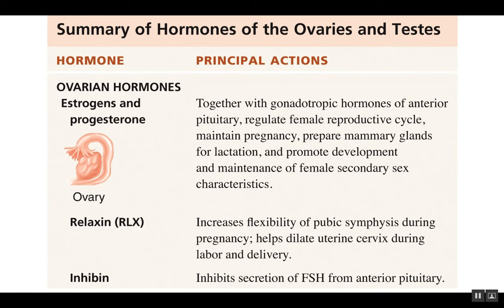But you should be aware that the ovaries produce estrogens and progesterone, relaxin, and a hormone known as inhibin. For now, we just need to know that these are produced by the ovaries, and collectively they regulate the female reproductive system.